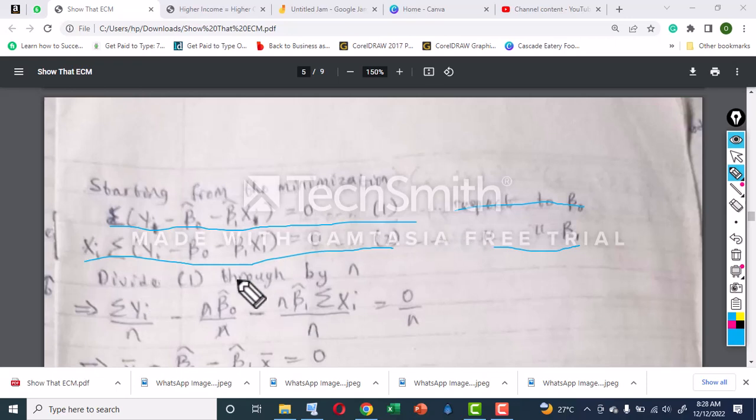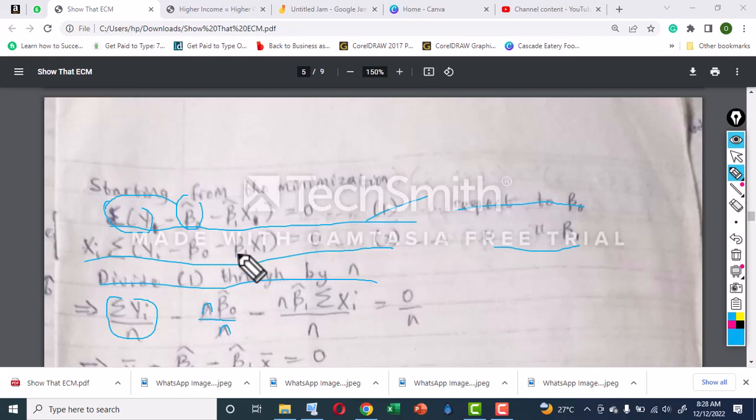So the next step is to divide equation 1 by n. This equation 1, divide everything by n. It simply means summation of yi divided by n, minus beta 0 times summation. Remember the summation will multiply the 2. Summation times beta 0 will simply make the summation become n, that's n times beta 0, everything divided by n.